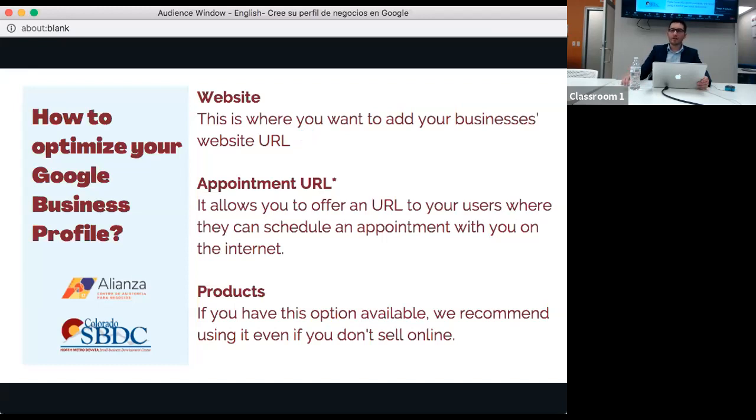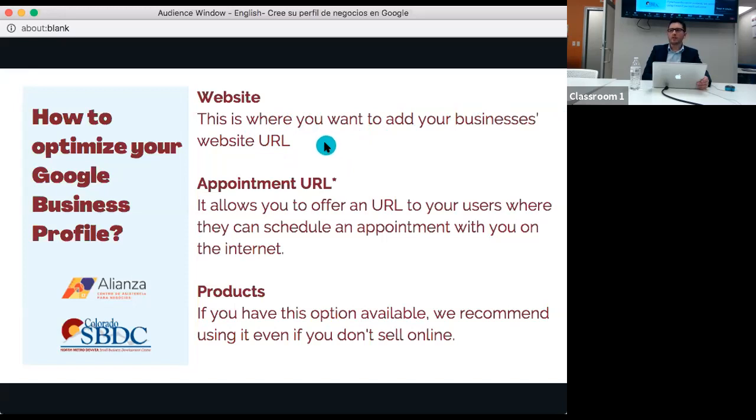So that link for the Boulder location, you have to put that link on the profile of the Boulder location. Same for the Denver location. Go to your Denver link on your website, and you have to put it on the profile of your Denver location, okay?